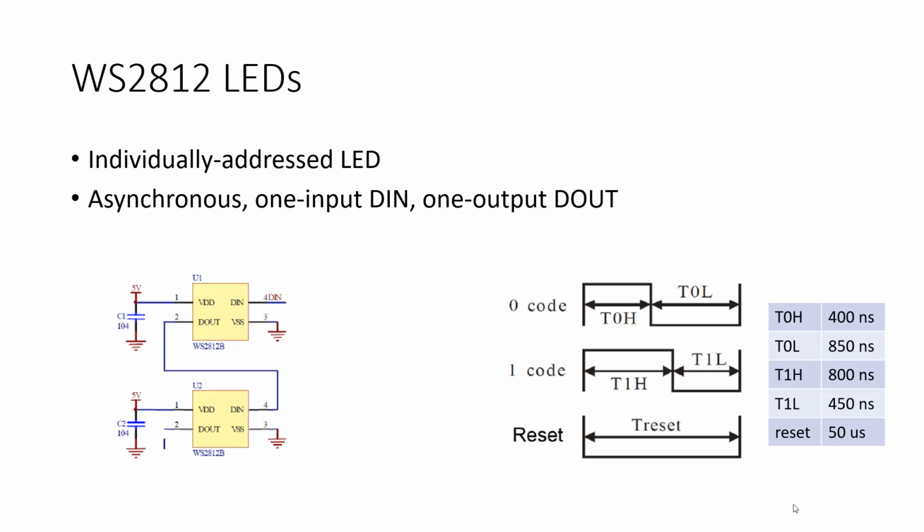They'll forward any bits that they receive. So in other words, when you have these LEDs arranged in a daisy chain, you can set the color only of the first one initially. And then once you set that color, you can set the color of the next one in the chain, and so on. So basically, you can program the color of each one of these LEDs one at a time, starting from the one that's connected closest to the chip that's programming the colors.